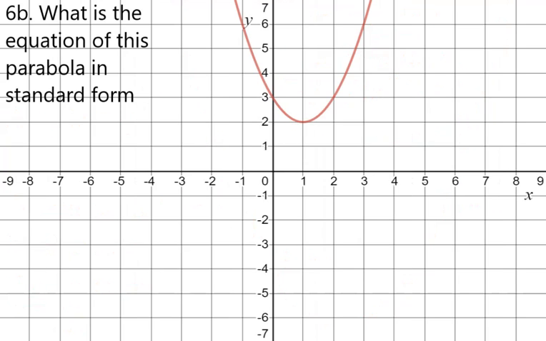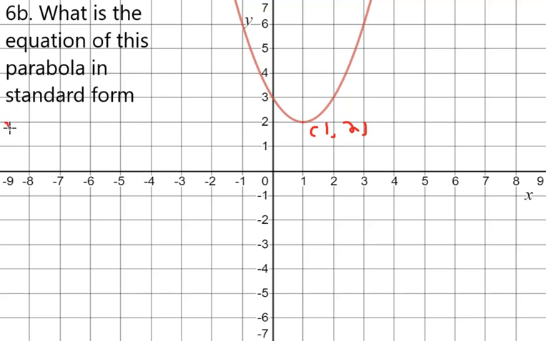Now for 6b, we want to find the equation of this parabola in standard form. We have to figure out whether it'd be easier to write this equation first in vertex form or intercept form and then convert it. Well, this parabola has no roots, so we could not write it in intercept form at all, but luckily it has a clearly identifiable vertex at the point (1, 2).